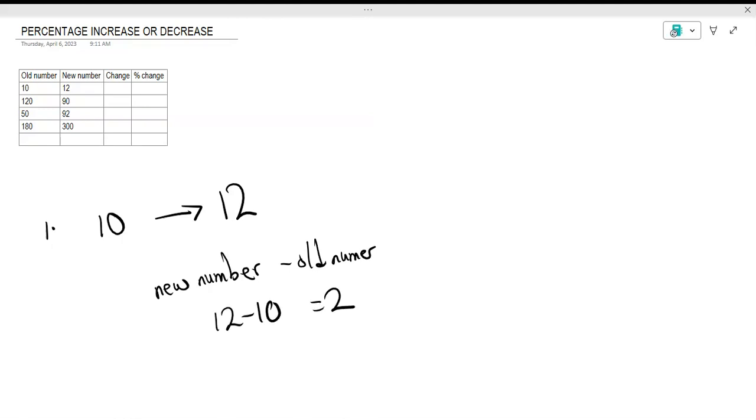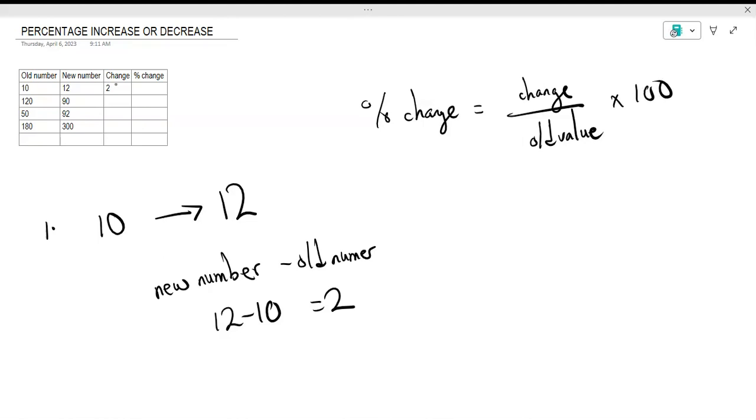So it means the change in value is 2, right? So how do we calculate the percent change? So percent change will be equal to the change over the old value times 100. That's how you calculate the change, increase or decrease.